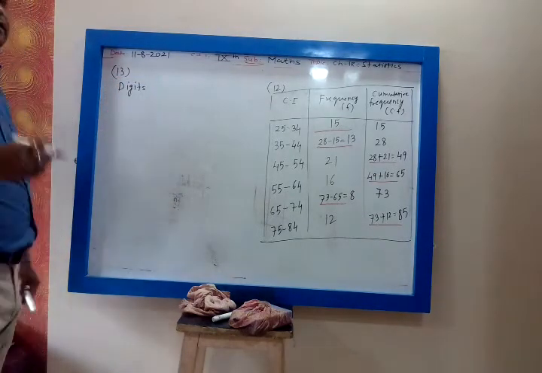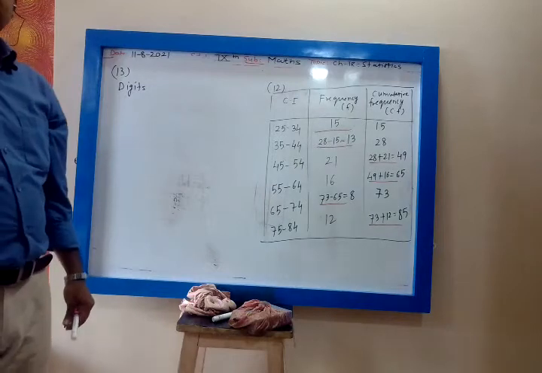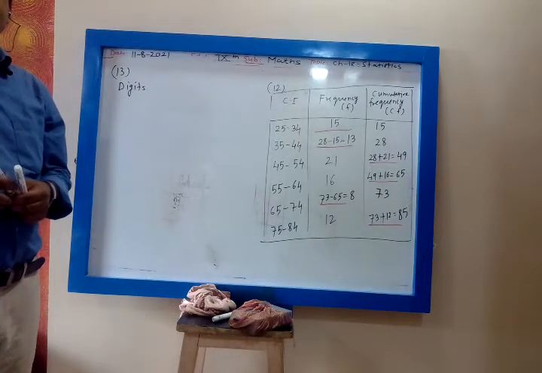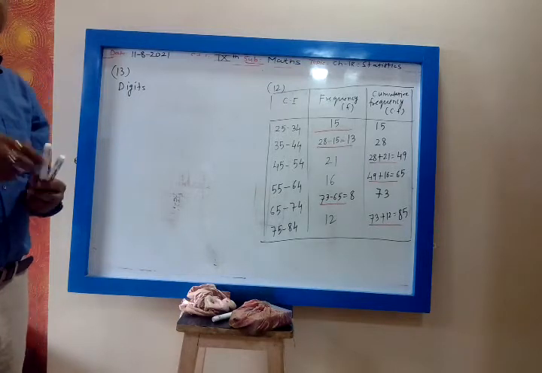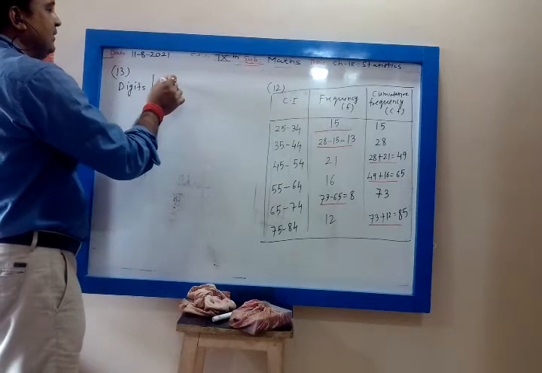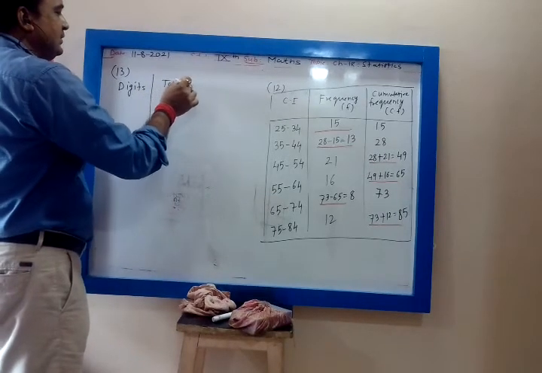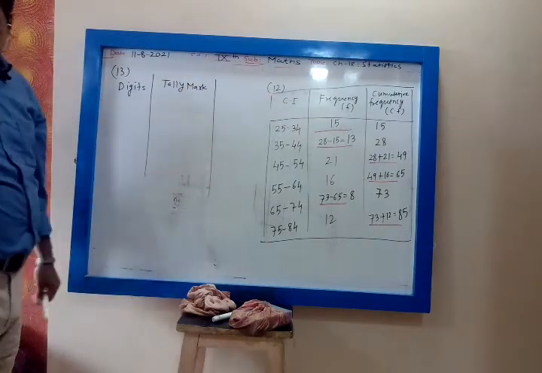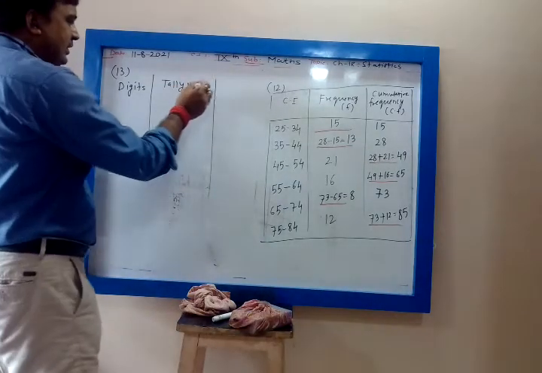We make the table of digits. For a frequency table, what do we find? Tally marks. For a frequency table we have to find tally marks.